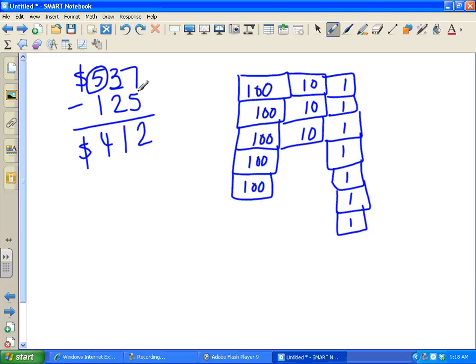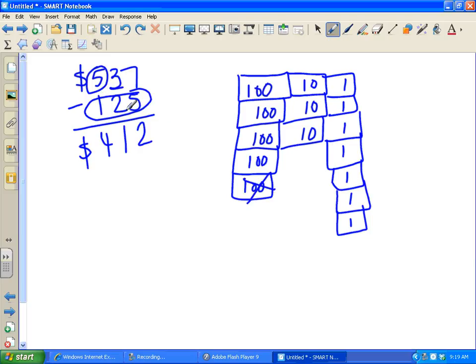Okay. Now, she had to pay 125. How many hundreds should I mark off, Zachary? She's given away this amount. We have to take that away. How many hundreds should I mark off? 1.